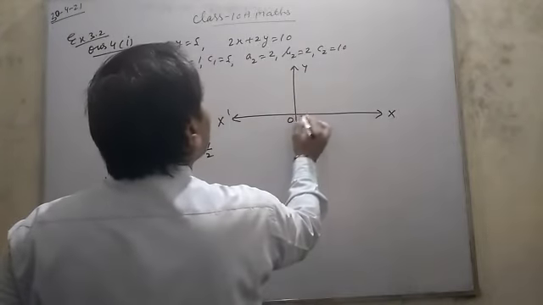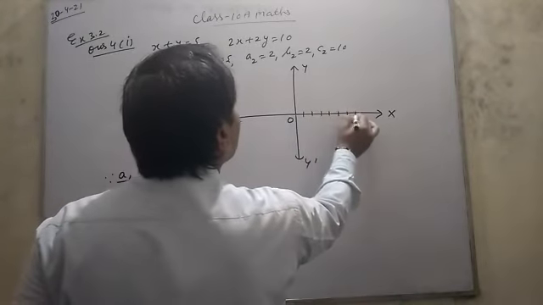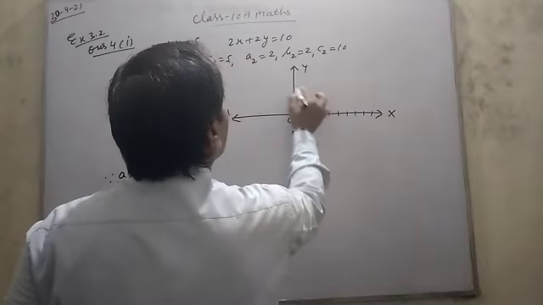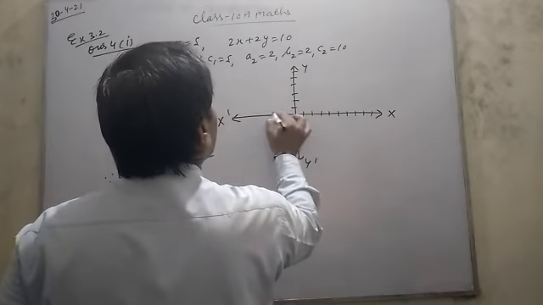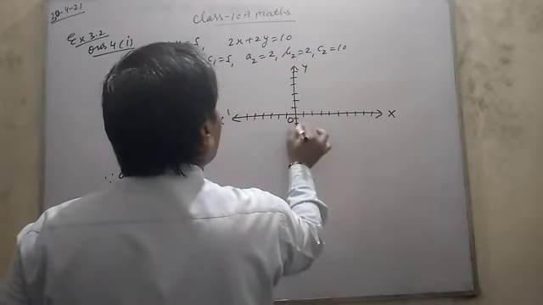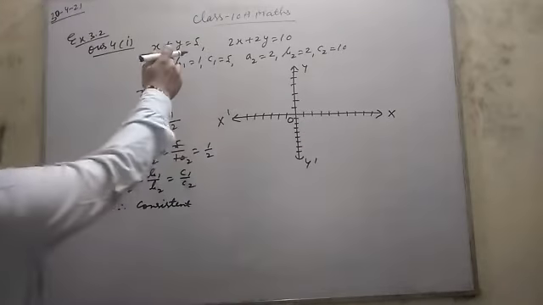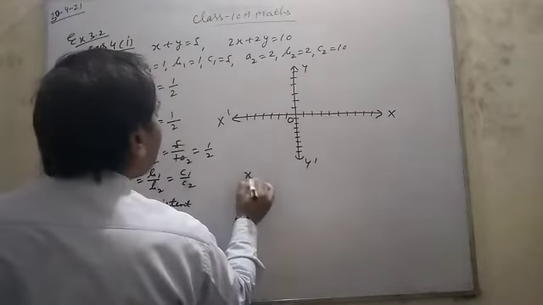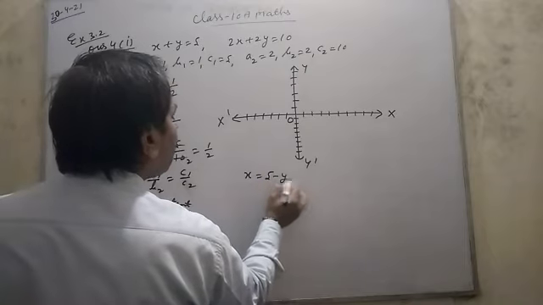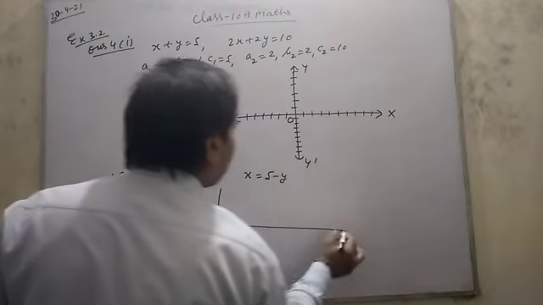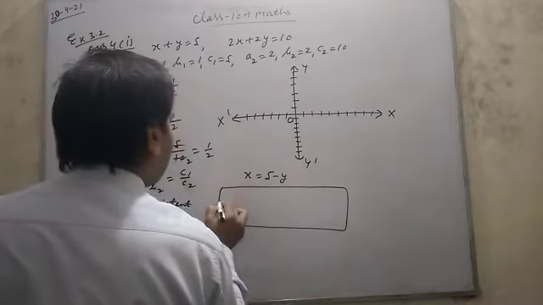So how to graph: x plus y is equal to 5. So x is equal to 5 minus y. So from this you make one table.